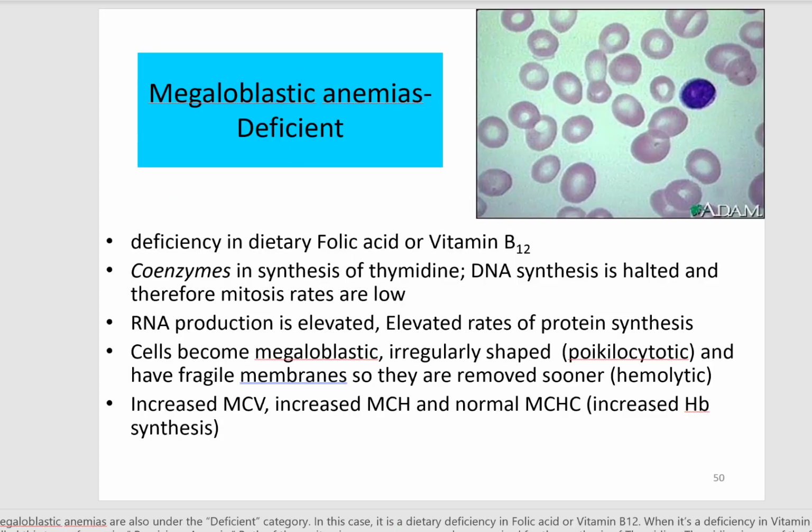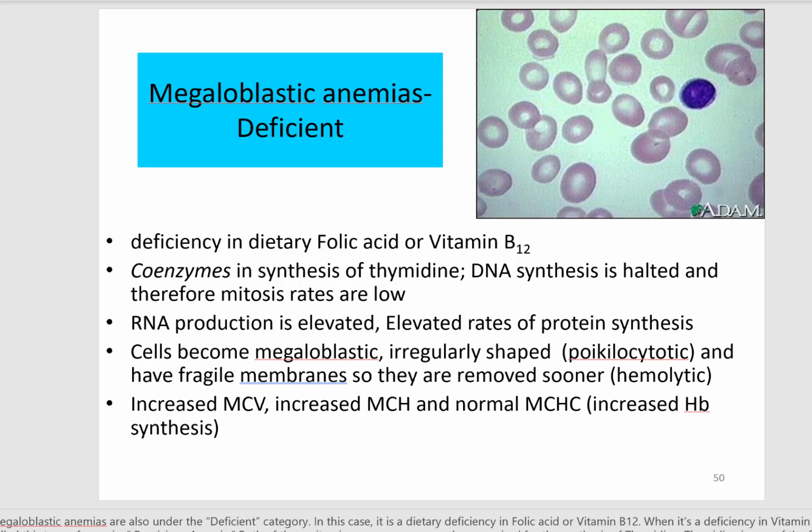Another category that falls into deficiency of red blood cell synthesis would be megaloblastic anemias. Megaloblastic anemias are a deficiency in either folic acid or vitamin B12. Both folic acid and vitamin B12 are coenzymes in the synthesis of thymidine.